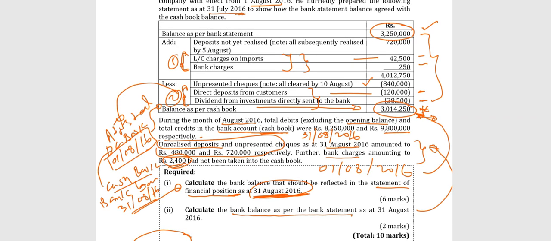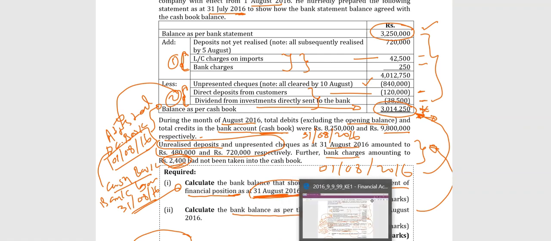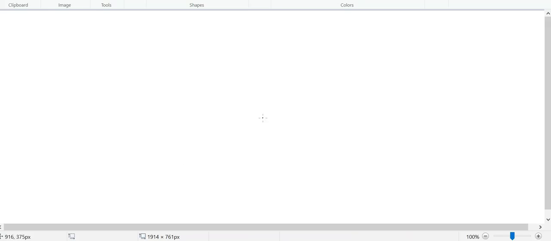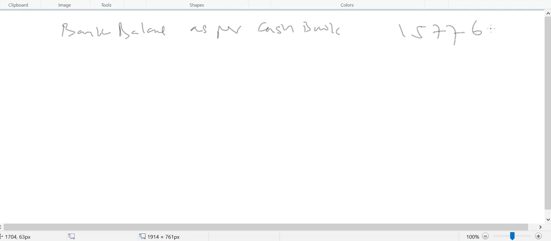Then calculate the bank balance as per the bank statement. Okay, so you need to prepare a reconciliation to find out the bank balance as per the bank statement. Okay, so let's quickly calculate that. First of all, we will start with bank balance as per cash book, 1,577,600.